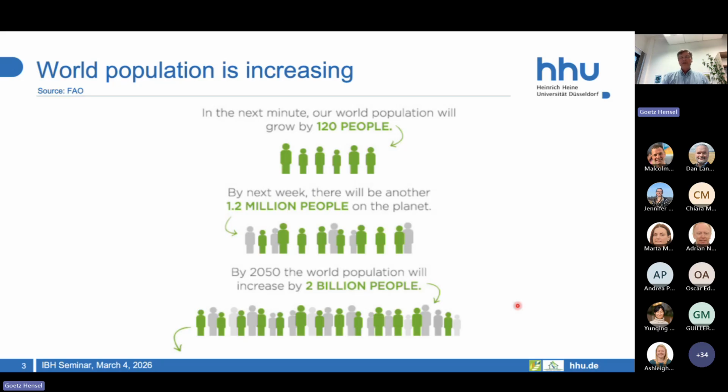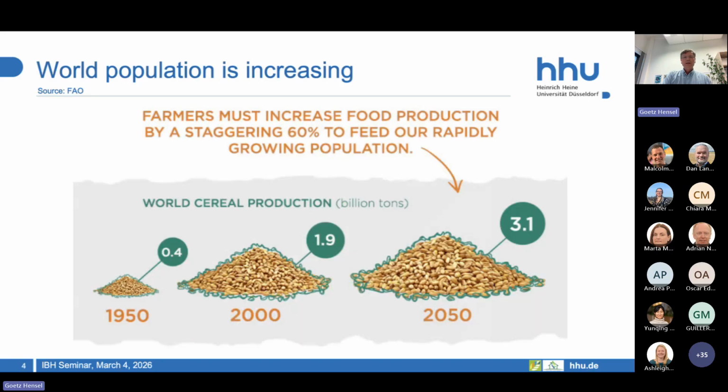And all of this, of course, needs proper nutrition. And so this makes the demand and the challenges for farming under a changing environment. And here on this slide, I summarized numbers. While in 1950 the farmers had to produce 0.4 billion tons of cereals, in 2000 it was already nearly 2 billion tons.